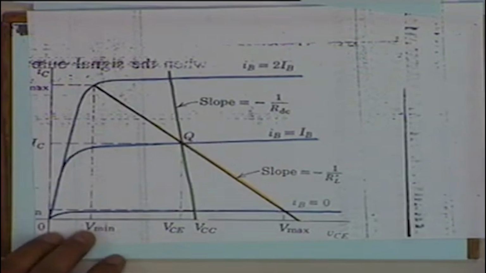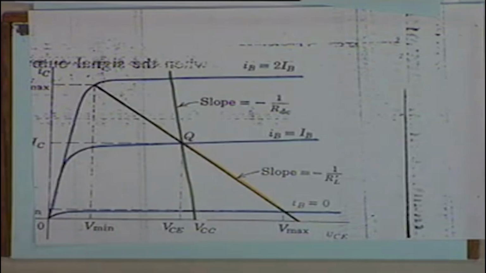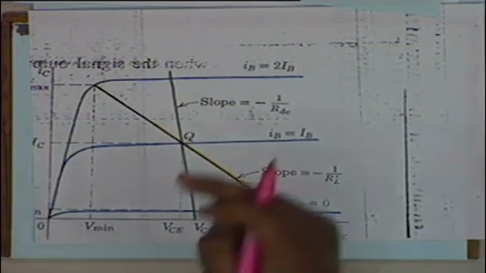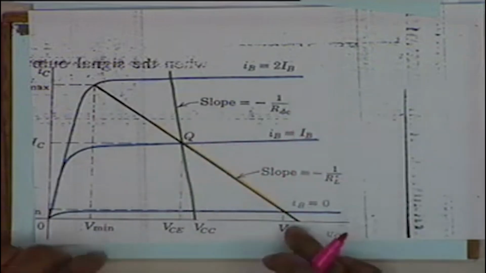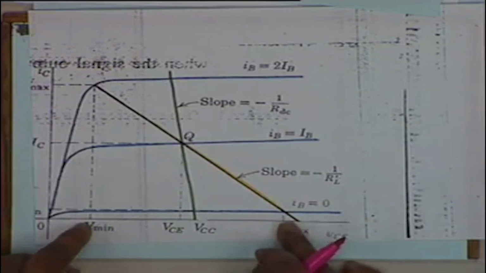But one thing is clear that the peak to peak voltage swing between collector and emitter would be approximately Vmax minus Vmin divided by 2. Agreed?